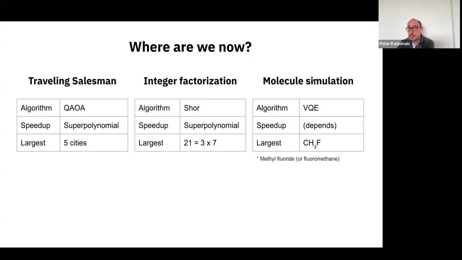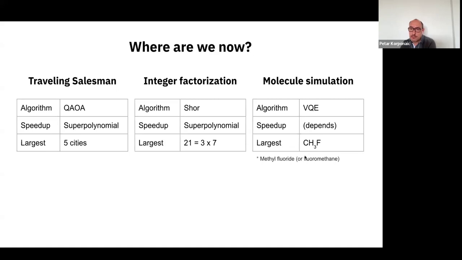And with molecule simulation, it's very hard to actually find, because there are multiple results. I was searching through many papers, and in different papers we have different results, and it's hard to say which is the largest molecule simulated on a quantum computer. I put this fluoromethane molecule here, but mostly the largest molecule is a 5-atom molecule.